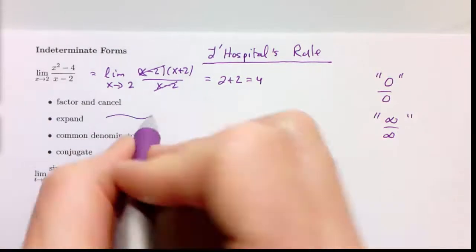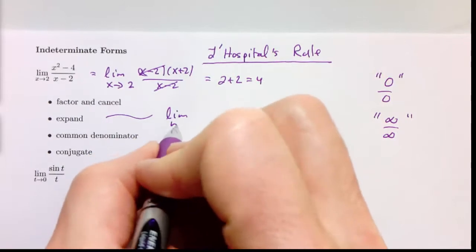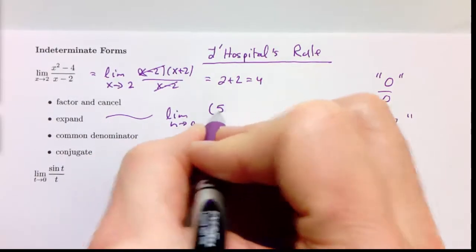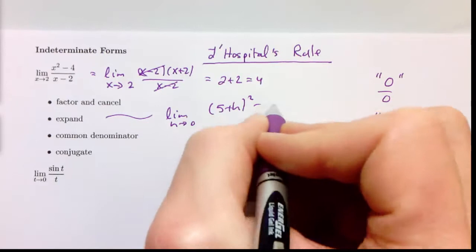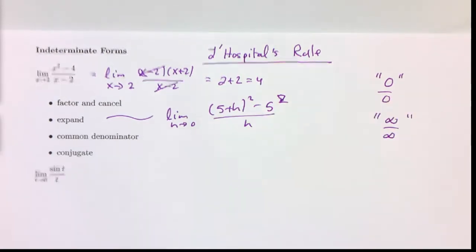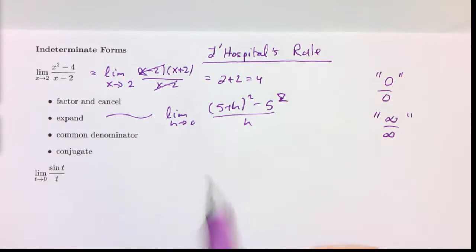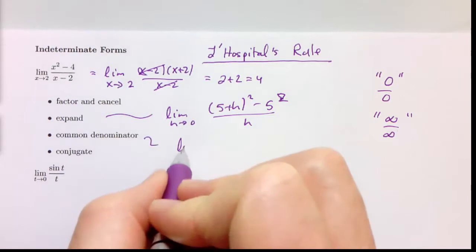We saw other limits that gave us indeterminate forms where we had to expand things. For instance, as h goes to 0, (5 plus h) squared minus 5 squared over h. It's the sort of thing that arose when we were taking derivatives. We expand this. Common denominators was another nice trick.